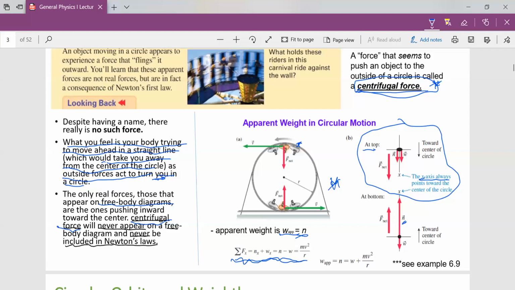Only two forces point out, which are the normal, the contact force, and the long range force, the weight. So we'll have the sum of both. The normal is positive for this description, then the weight. And we know that force is equal to ma, a equal to v squared over R. So that's how we got this.